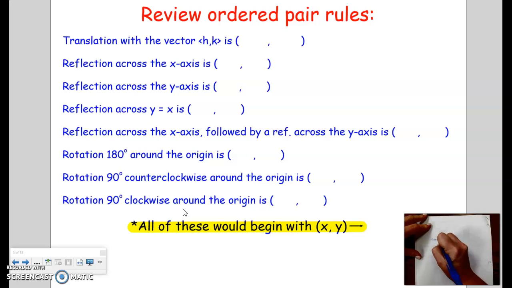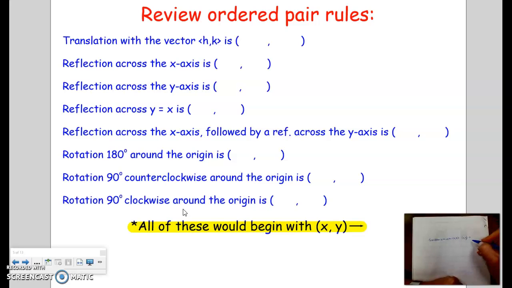The first one is the translation with the vector (h, k). Remember that ordered pair rule? All of them begin with (x, y) and an arrow. This translation would take my x and add the value of h. Let's do a comma.